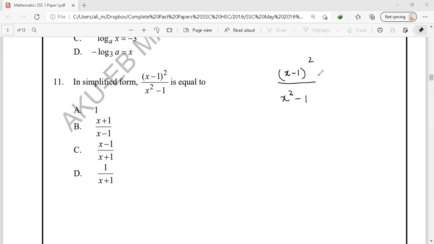The factorization of the numerator becomes (x minus 1)(x minus 1), divided by x squared minus 1, whose factorized form becomes (x minus 1)(x plus 1). The same factors will be cancelled out, and we will get the correct answer as (x minus 1) divided by (x plus 1). So option C is the correct option for question number 11.